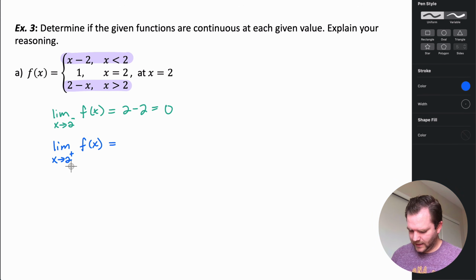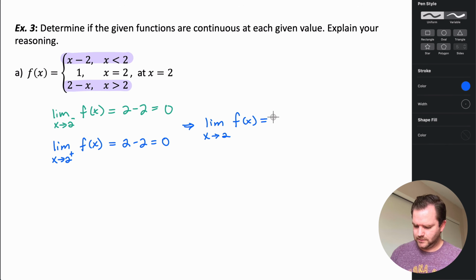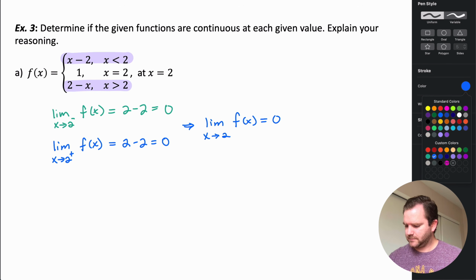Again, if I'm approaching 2 from the right, I'm using this part. So let's plug in 2 for x. 2 minus 2 again is 0. So those are the same. That's good. This tells me the limit as x approaches 2 of f of x is 0. So we know the limit exists.